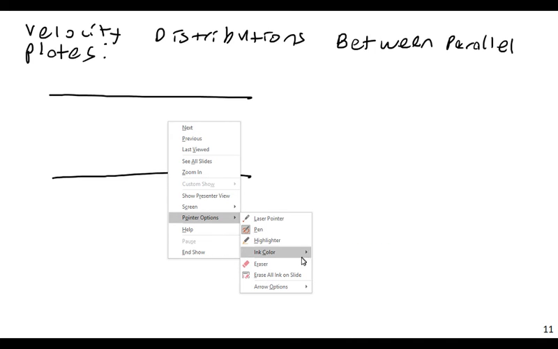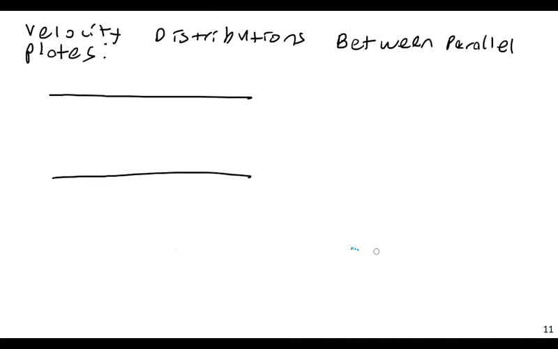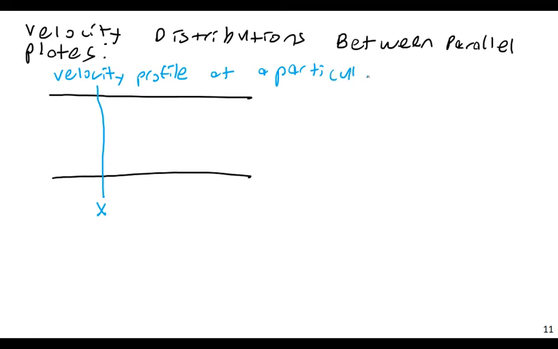What I'm drawing is a velocity profile at a particular x coordinate, where x is along the length here.